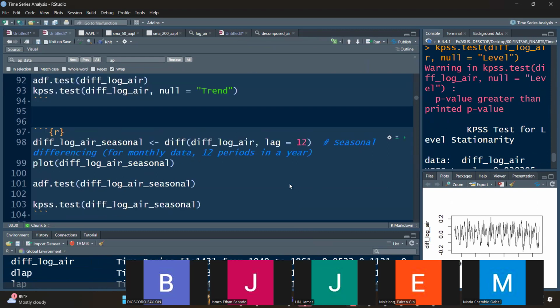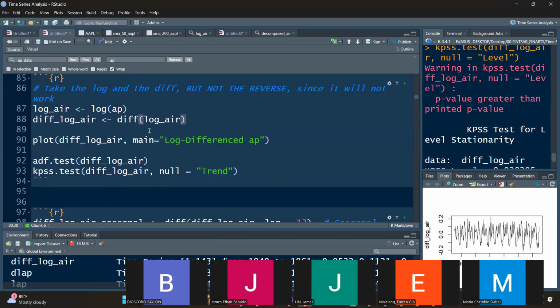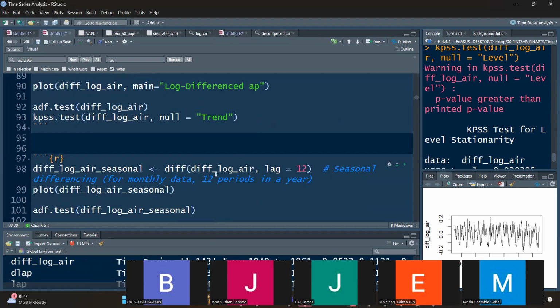Now, I don't think we discussed this last time, but take a look at this, class. Here we're creating another object. It's diff log air seasonal. You notice here that diff log air is the differenced data, and then we do another differencing, and this differencing is on the seasonal component, every 12.